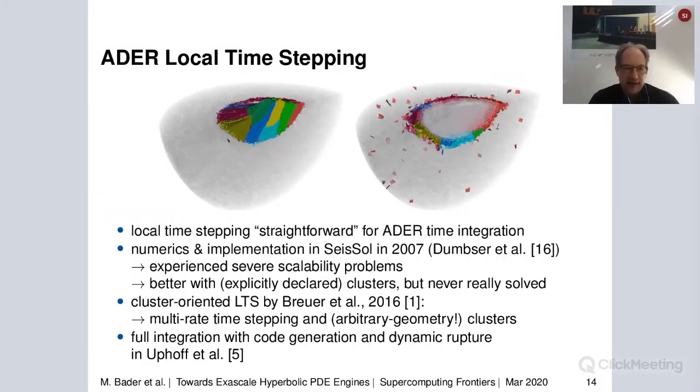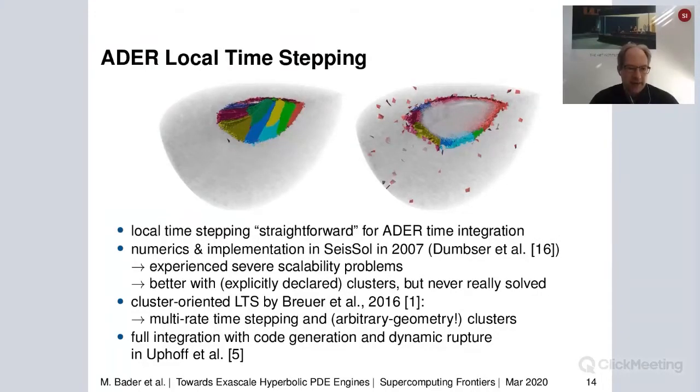And the numerics of this is well established, was already available in 2007, already implemented. But advancing individual elements individually is an implementation and scalability nightmare. So getting this done in HPC fashion with high efficiency is really hard.